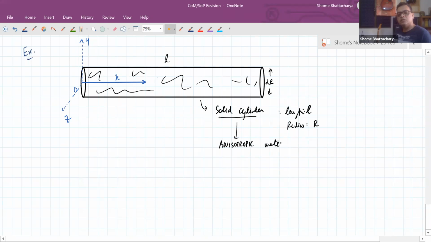That means it is non-uniform in physical properties, of variable density, such that density rho varies with the x coordinate.